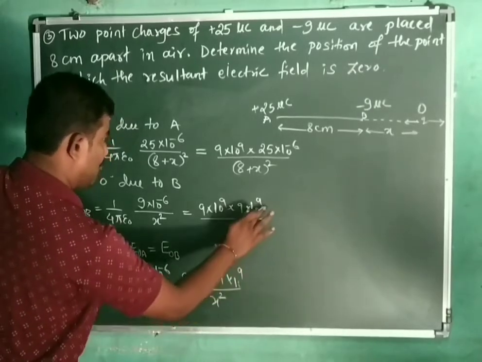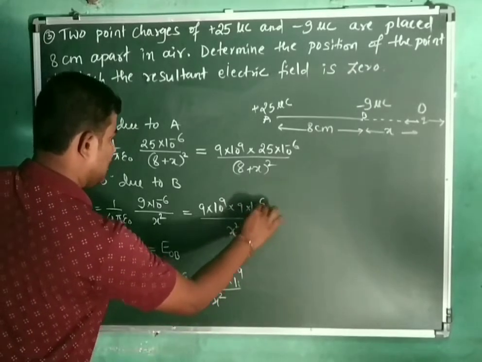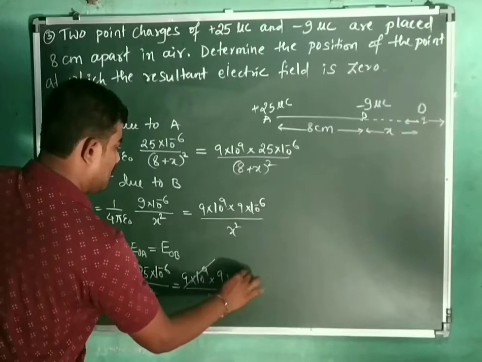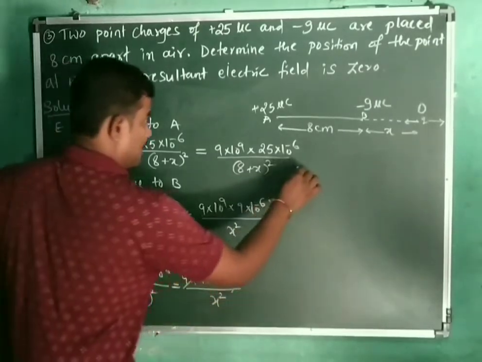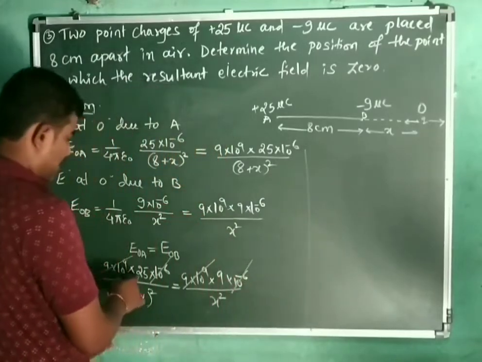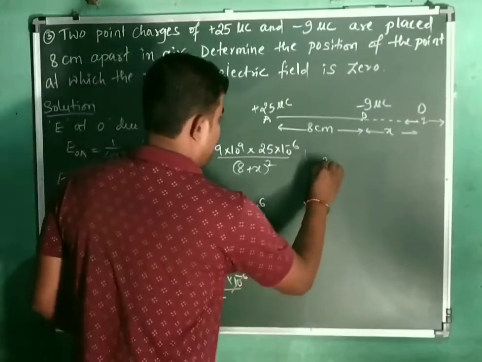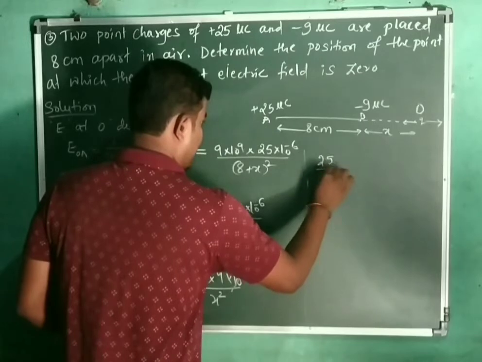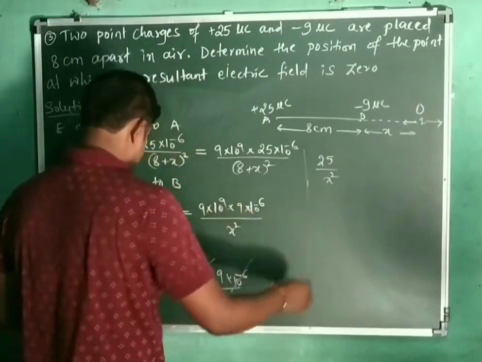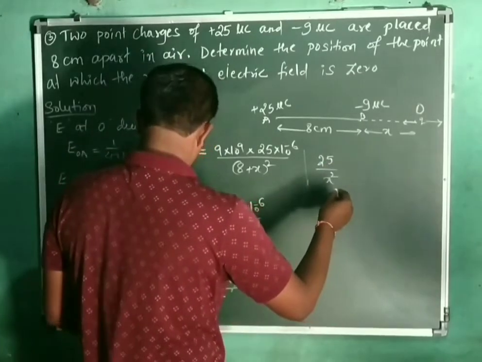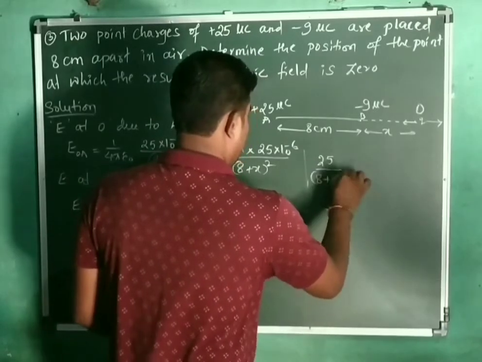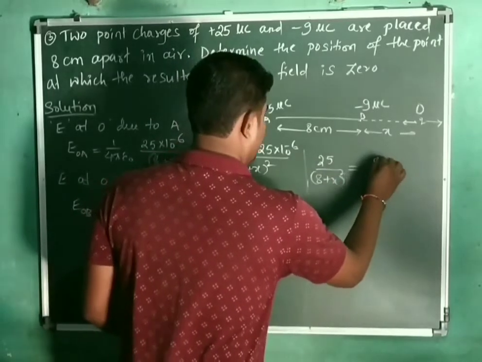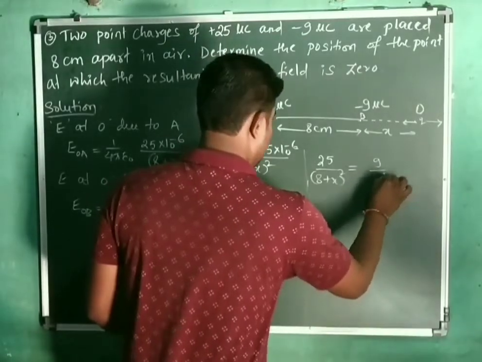Sorry, this is not 10 to the power 9, it is 10 to the power minus 6. So 10 to the power minus 6 is cancelled. So 25 divided by 8 plus x square is equal to 9 divided by x square.